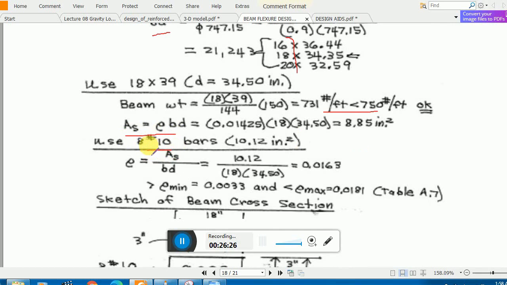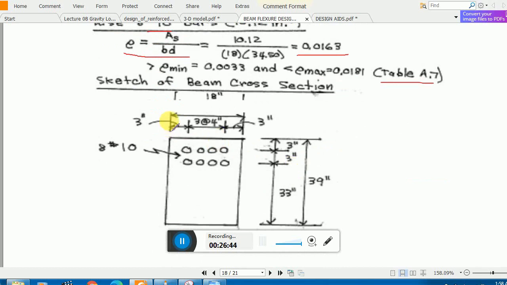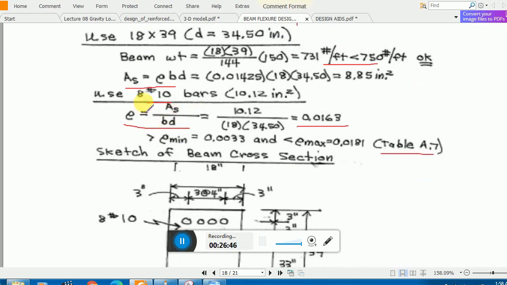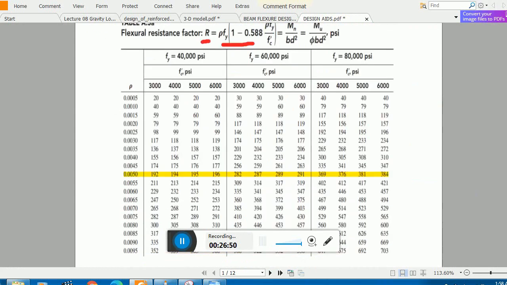Now see, 8 number 10 bars, 10.12 inch square. Now rho value will be 0.0163. So go to table S7, find out your rho max and rho minimum and check the limitations. Clear? But here you see, for 8 number 10 bars, how much width we needed. Let me check it.